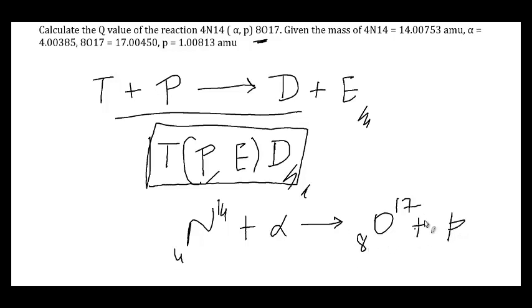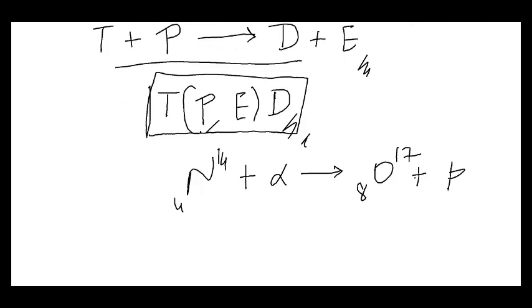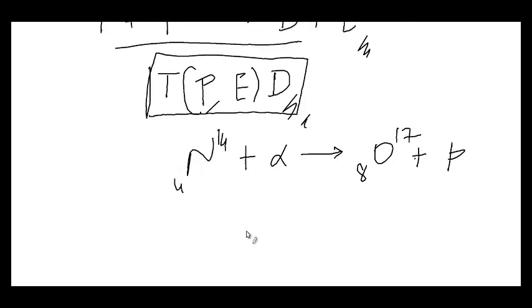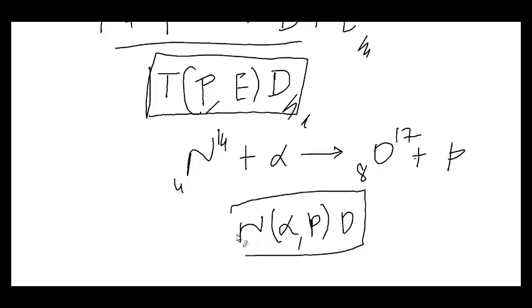This particular equation is written as N(alpha, P)O. So please remember that this is one of the ways to represent a nuclear reaction. If you were asked the same in the examination, there is no need to get confused. Let us look at the problem given here.